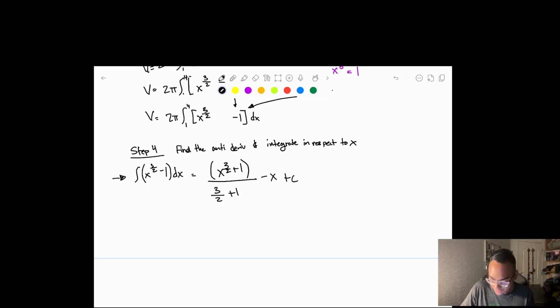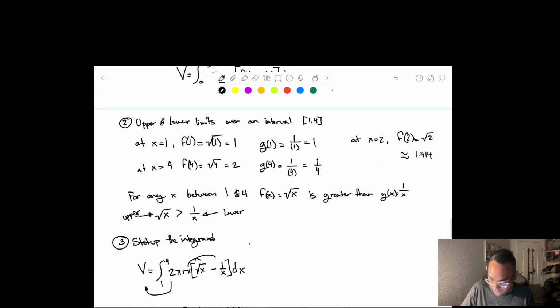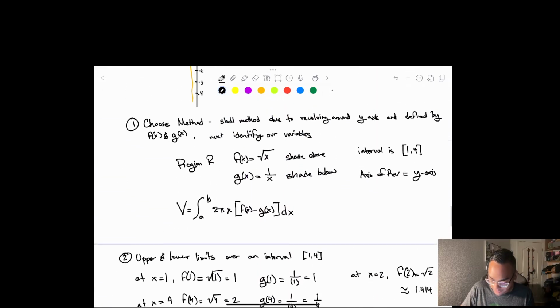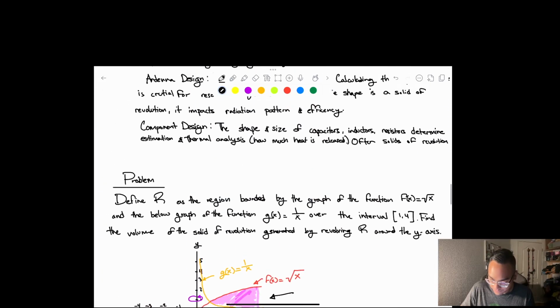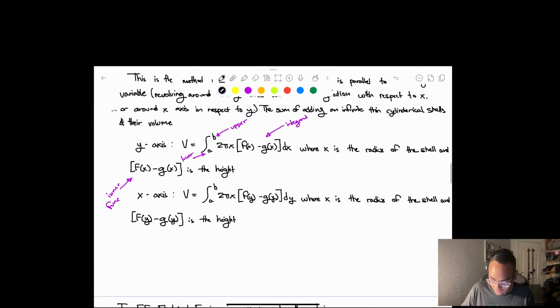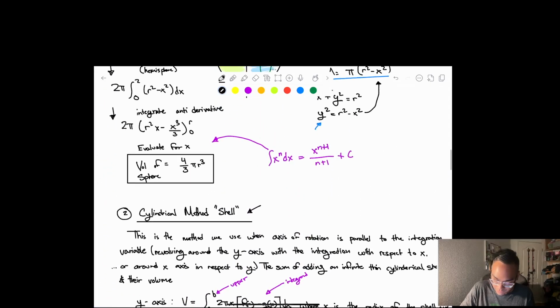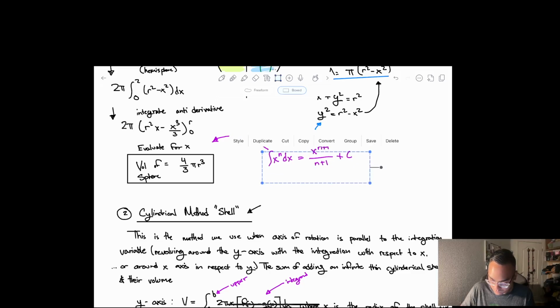We have to use the same formula that we used in the beginning, the antiderivative formula. Where did I write it? Let's copy this.